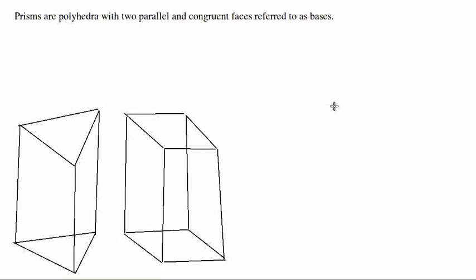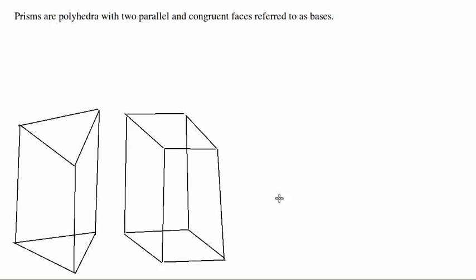Now, in the two examples that I've drawn, the top base is directly above the bottom base. The vertices of the top base are directly above the corresponding vertices of the bottom base. Now, that is not a requirement to be a prism.